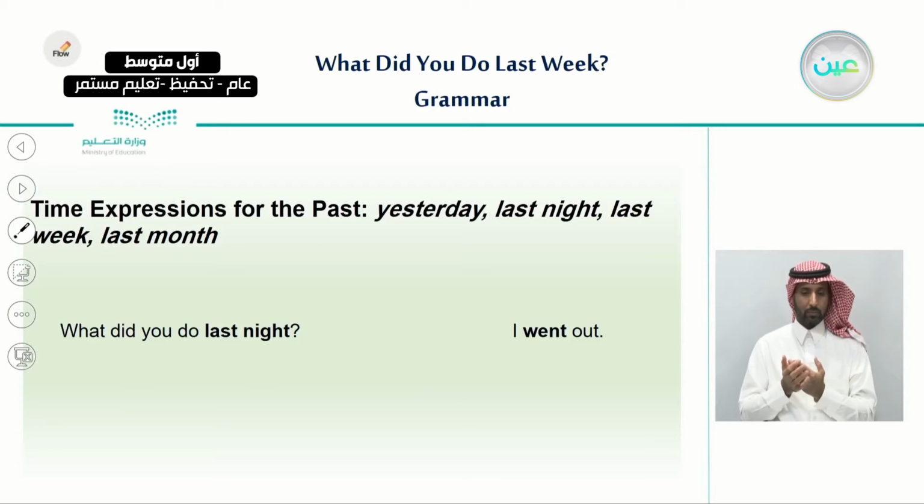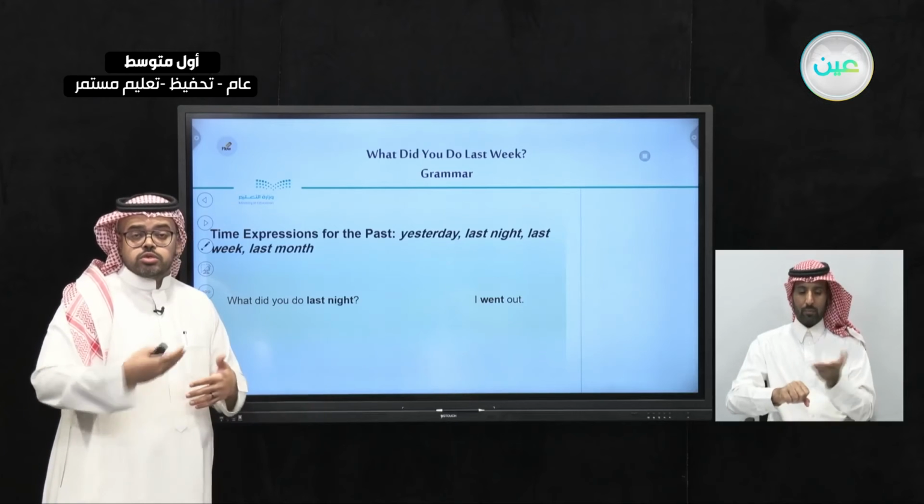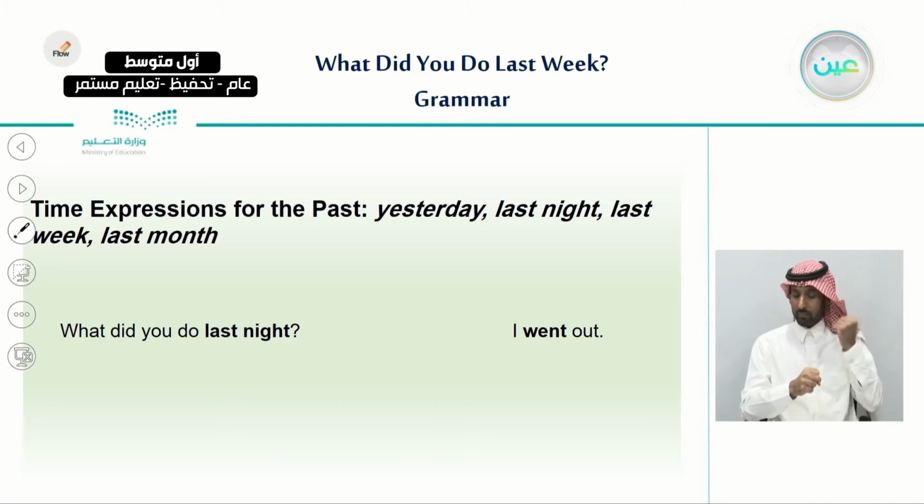Not only the verbs, but we can also use time expressions to indicate that the sentence happened in the past. For example, time expressions for the past, like yesterday, last night, last week, last month. We usually use these time expressions when we are talking about something that happened in the past. For example, what did you do last night? I went out.